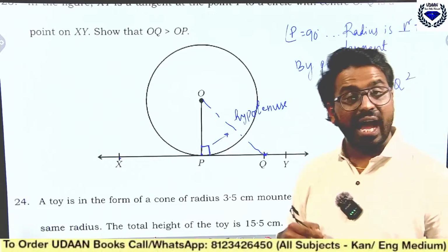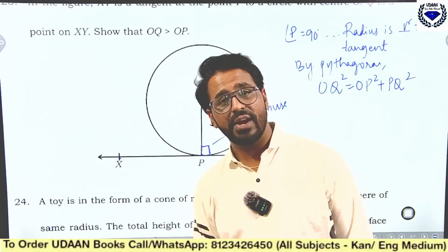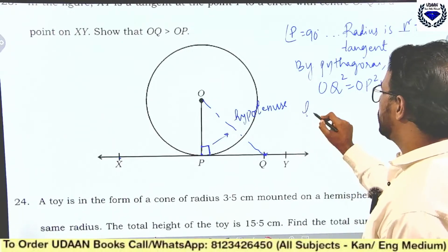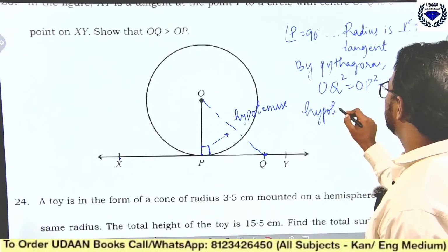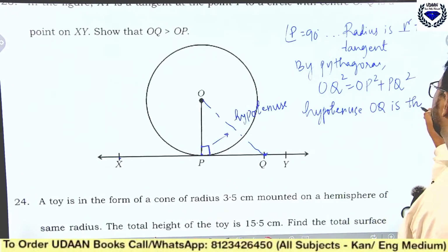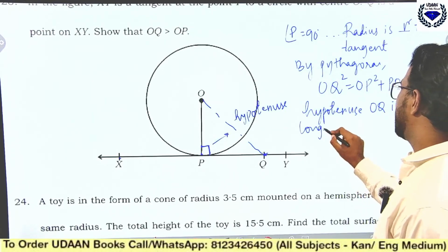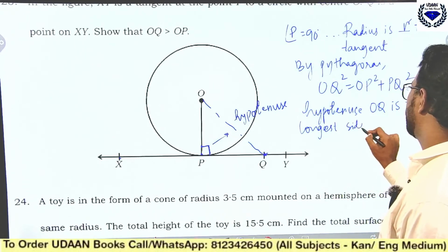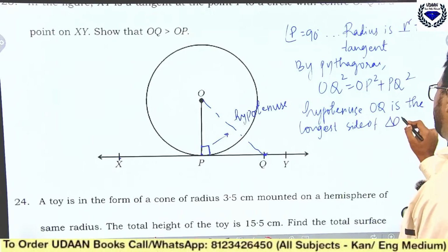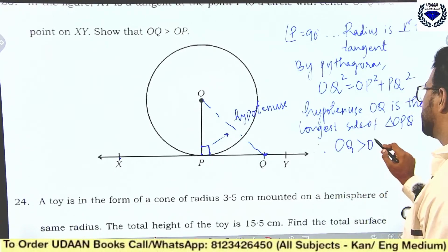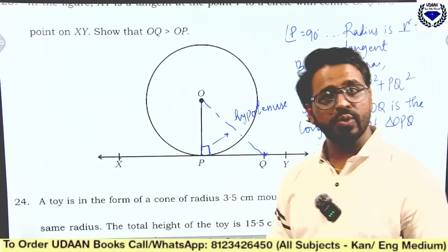That means the hypotenuse OQ is the longest side of the triangle OPQ. Therefore, OQ is greater than OP.